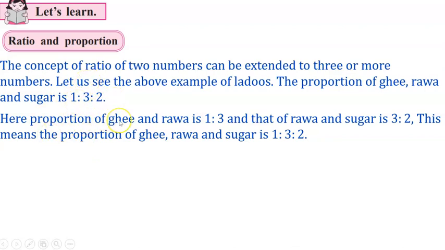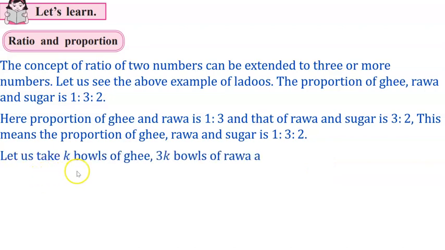Here the proportion of ghee and rava is 1:3, and that of rava and sugar is 3:2. This means the proportion of ghee, rava and sugar is 1:3:2. Let us take k bowls of ghee, 3k bowls of rava and 2k bowls of sugar.